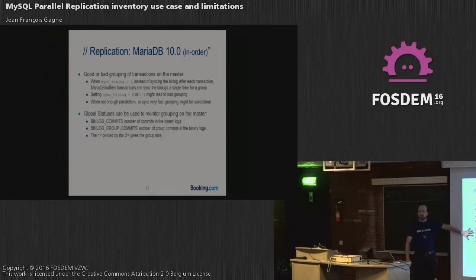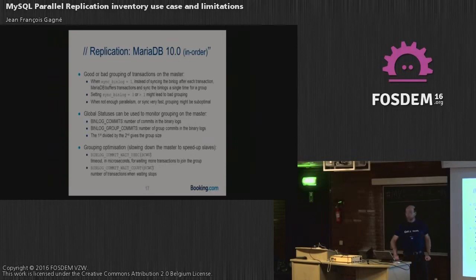There's a way to monitor that using two statuses, binlog_commits and binlog_group_commits. So the number of commits and the number of group commits. And the size of our groups can be computed by a simple division of those two numbers. And we can also optimize grouping. I call this slowing down the master to speed up the slave. Basically, when a transaction is ready to commit, it doesn't commit right now.